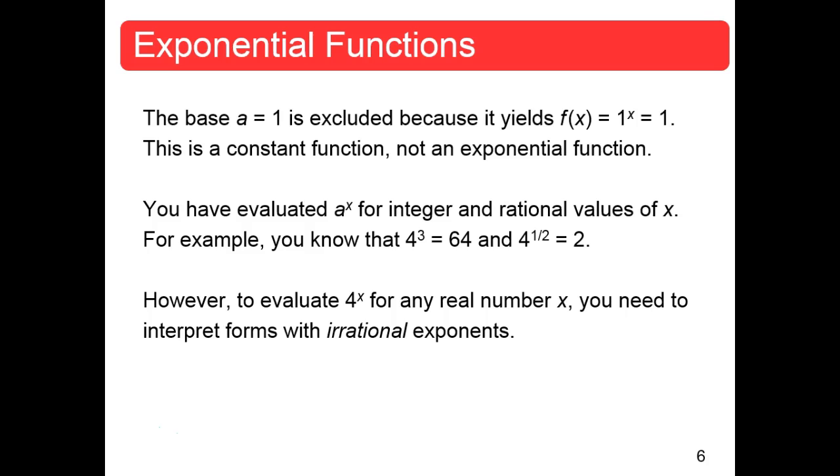However, to evaluate 4 to the x for any real number x, you need to be able to interpret forms with irrational exponents. This x can be any real number. It can be positive, negative, fractions, decimal, rational, or irrational. Now, we're not doing complex exponents. You could, but we're not doing it. So we're only going through irrationals.